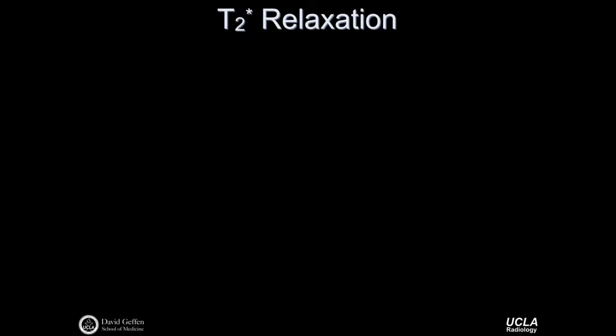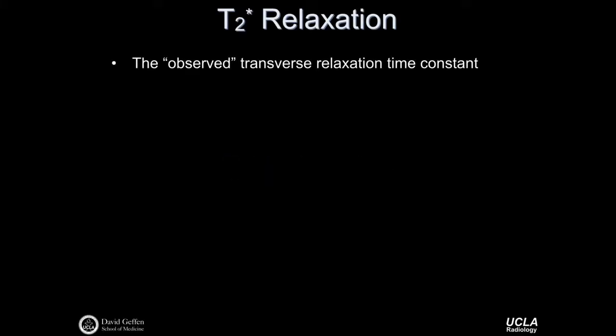So in addition to T1 and T2, we need to describe what we call T2 star relaxation. T2 star relaxation is the observed transverse relaxation time constant. And that's a little bit different than the T2 time constant for the following reasons.